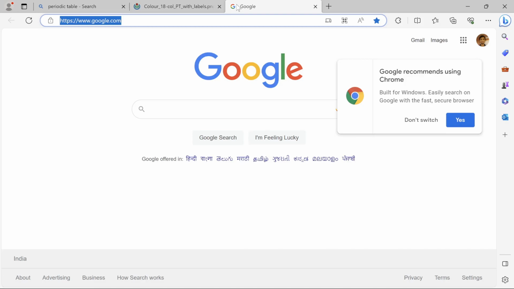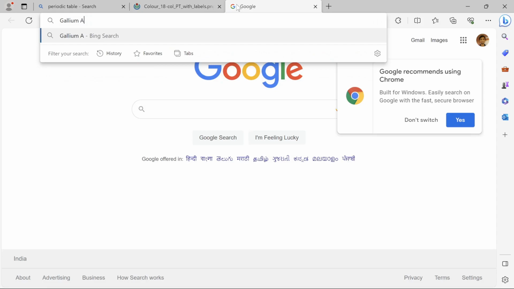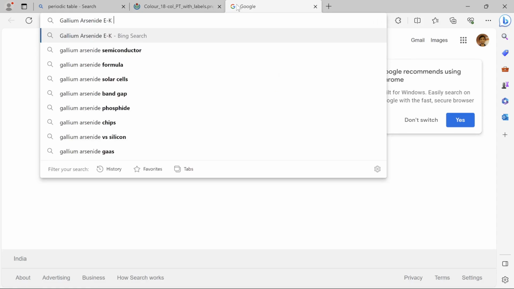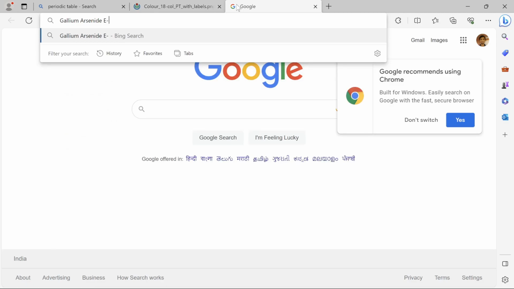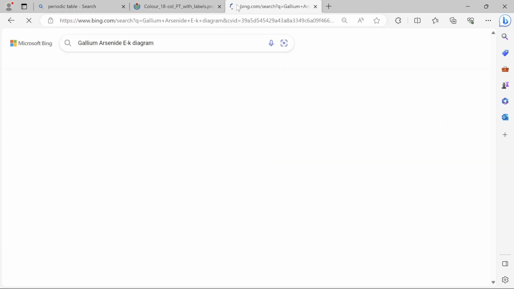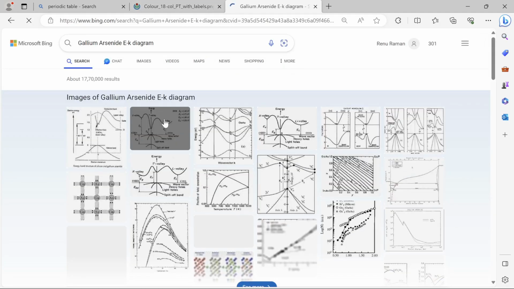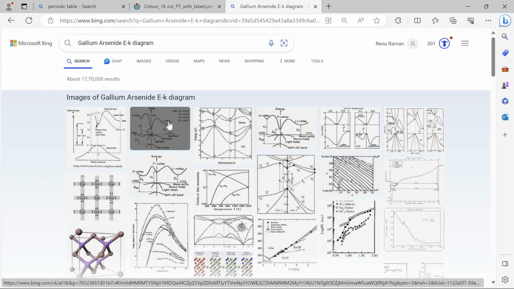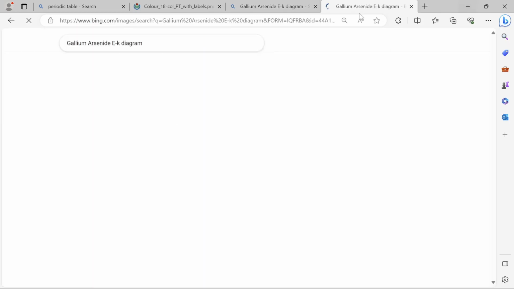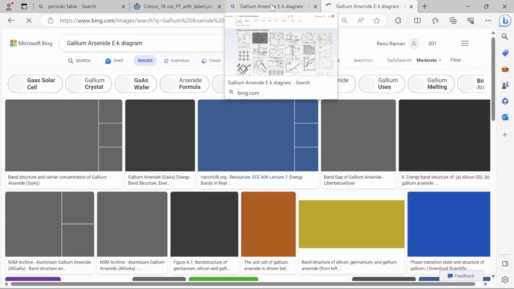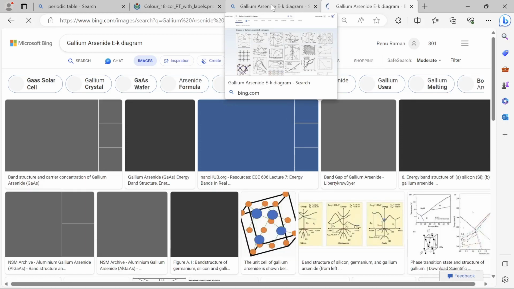I noted it down because I was reading through some old questions and thought I would ask you. The gallium arsenide E-k diagram is this. So you at least know about direct and indirect band gap, right? I told you two statements: silicon is an indirect band gap semiconductor, and gallium arsenide is a direct band gap semiconductor.